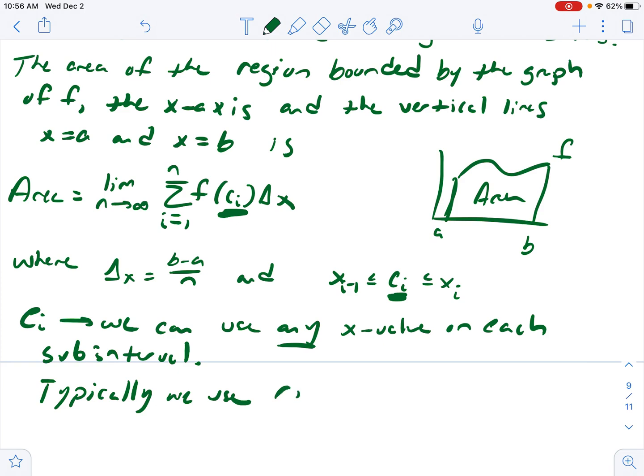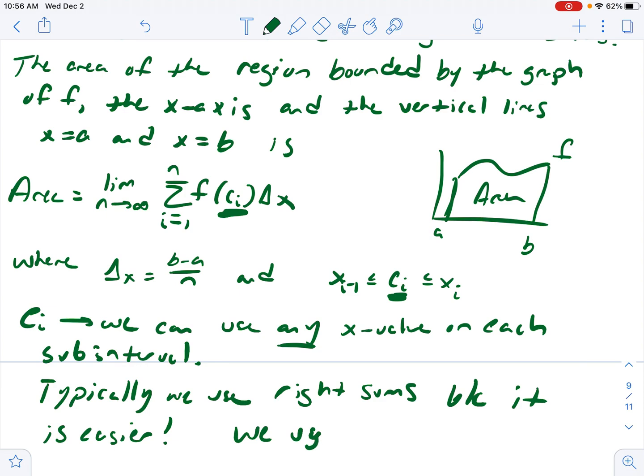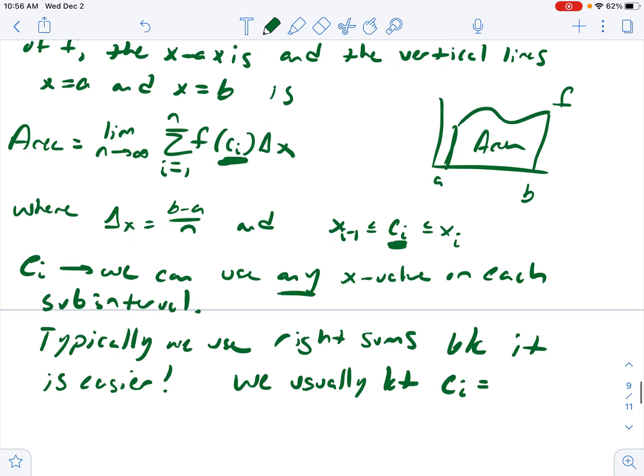So typically, we use right sums because it is more convenient. It is just easier. So we usually let the x value, the c sub i value, whatever you want to call it, be a plus i delta x.